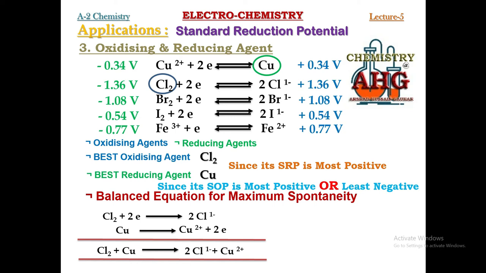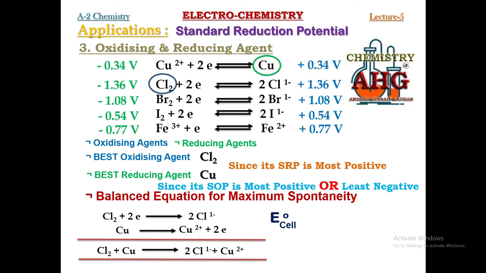Now this is a balanced chemical equation for an electrochemical cell that can give maximum voltage out of these 5 half cells. And now you can also find the voltage produced by this cell using the formula for standard cell potential. How can we find the standard cell potential for an electrochemical cell? Standard cell potential is always equal to the standard reduction potential of the cathode minus the standard reduction potential of the anode.